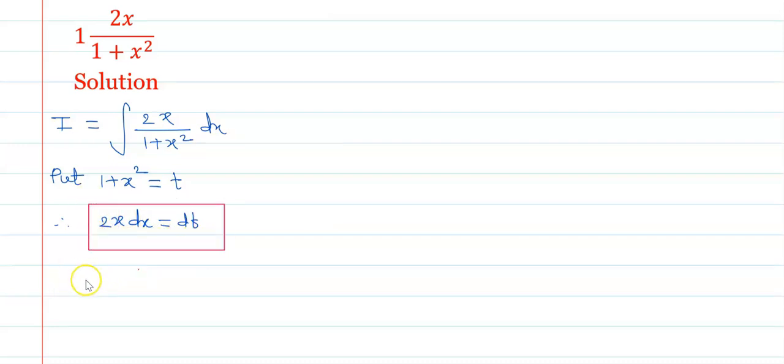We have got it, and therefore our integral I is equal to the integral of 2x dx, that is dt, upon 1 plus x squared, that is t. So I is equal to the integral of dt upon t.